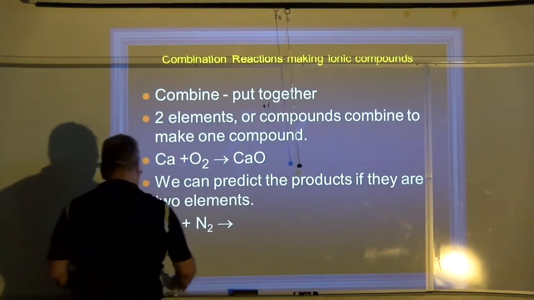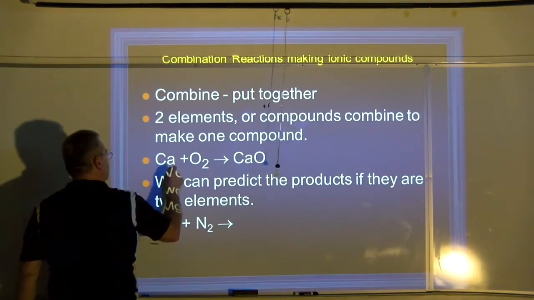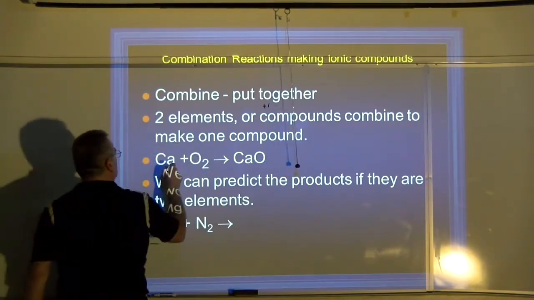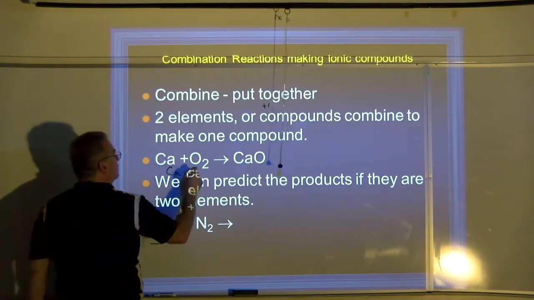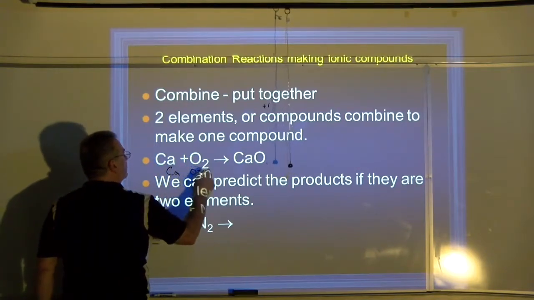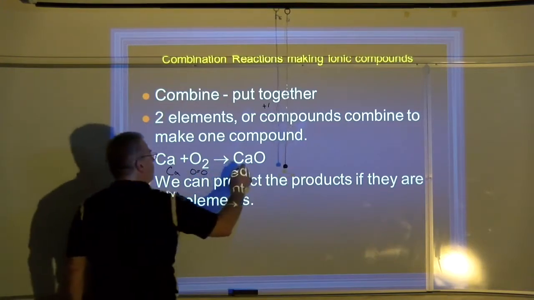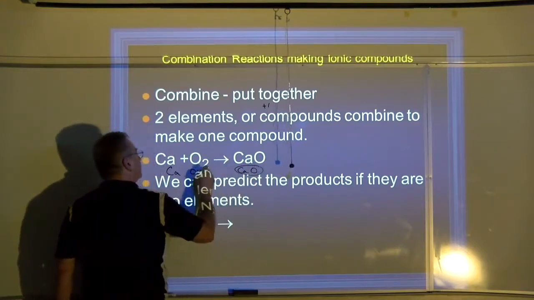What does this mean? I have 1 calcium atom, I have 1 of these, I have 1 of these. These are particles.